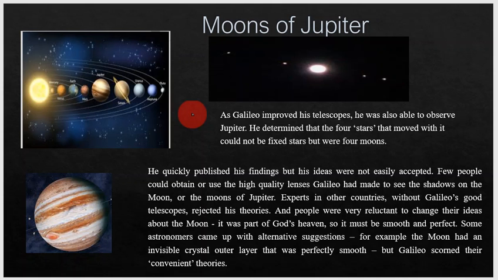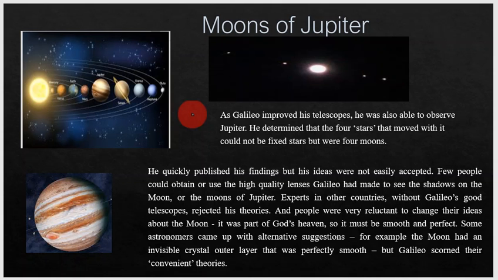And people were very reluctant to change their ideas about the moon. It was part of God's heaven, so it must be smooth and perfect. Some astronomers came up with alternative suggestions. For example, the moon had an invisible crystal outer layer that was perfectly smooth, but Galileo scorned their convenient theories. So again, people don't like their ideas being challenged.